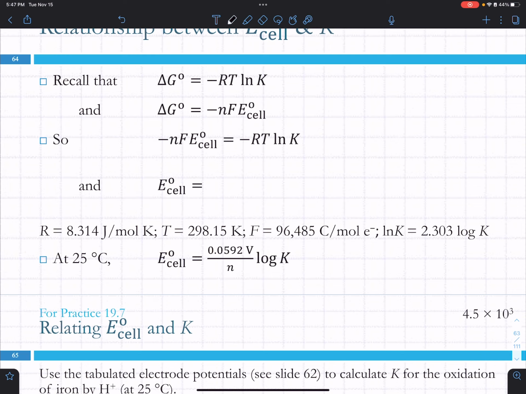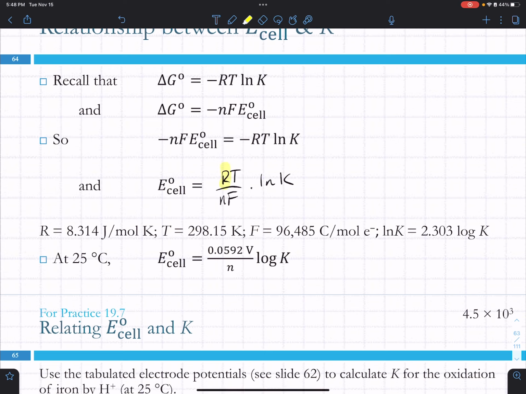So then we can rearrange all of this to say E equals RT over NF times ln K. All right, because the negative NFE and the negative RT, those negatives will cancel out. And then a bunch of these are constants. So R is a constant.